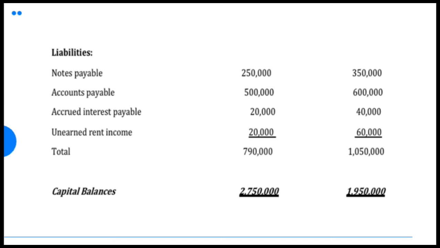So, same process lang tayo ng gagawin. Pag-a-addin lang natin yung 250,000, 500,000, 20,000, and also 20,000. So, the total liabilities as of December 31 is 790,000 pesos. Ang sabi nga diba sa formula, total assets minus total liabilities equals capital balance. So, para makuha natin yung capital balance, we need to minus the total assets of 3,540,000 and the total liabilities of 790,000.